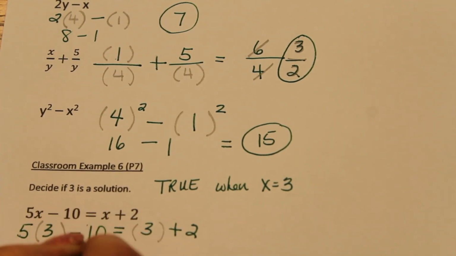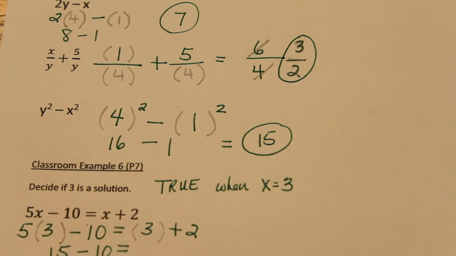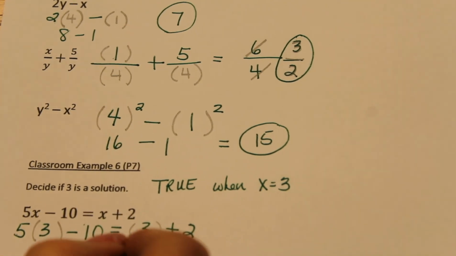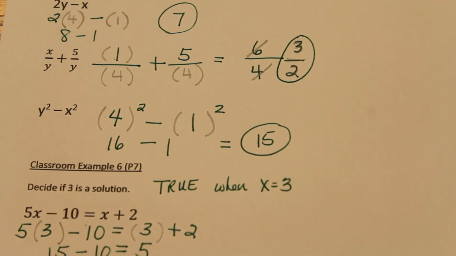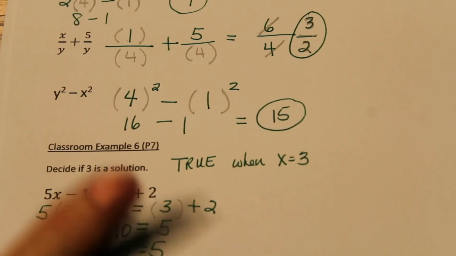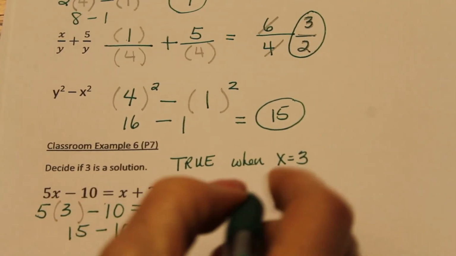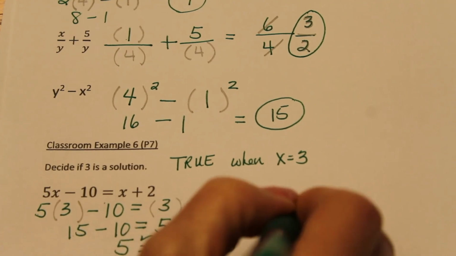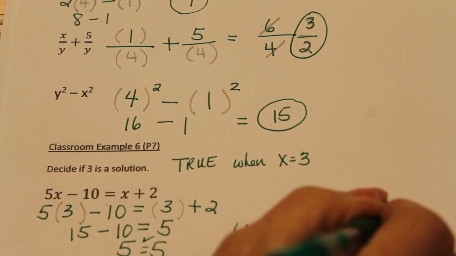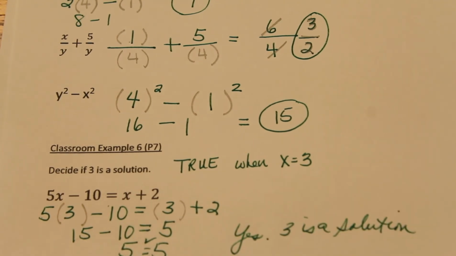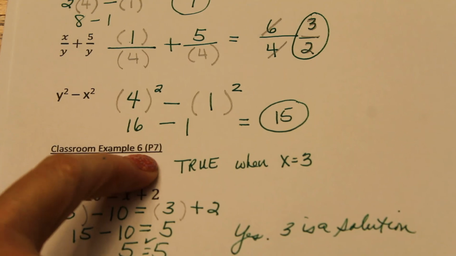Bring down the minus, bring down the 10. Line up your equal sign, and 3 plus 2 is 5. 15 minus 10 is 5. Does 5 equal 5? Yeah, it does. So we're going to say yes, 3 is a solution. All right, so now you're going to do practice 7.